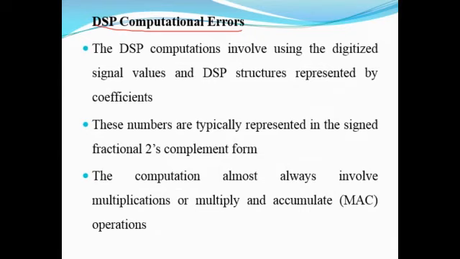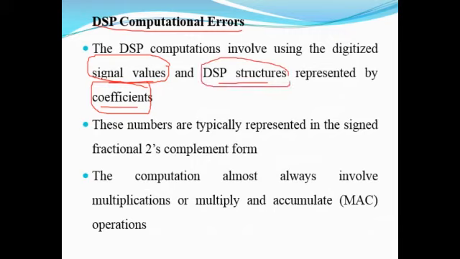Then DSP computational error. This applies to either A to D or D to A conversion. It is mainly based on the DSP structures, which are represented in terms of signal values as coefficients. We require more coefficients to represent any signal, so if the number of signal values or coefficients is reduced, it affects the computing process of a DSP.